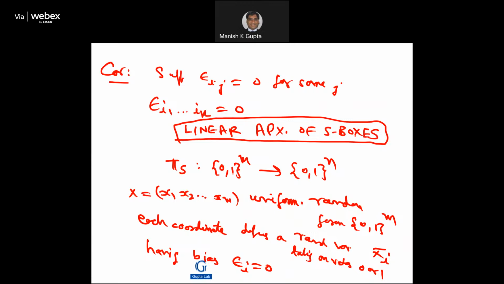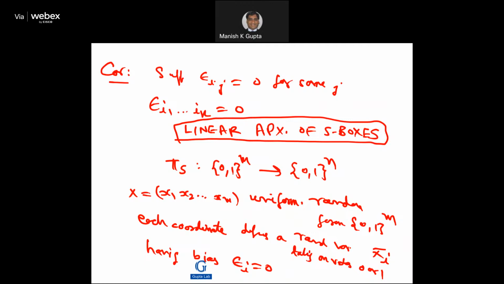Linear approximation of S-boxes. Now we are going to do the linear approximation of the S-boxes. These S-boxes are substitutions from {0,1}^m to {0,1}^n.